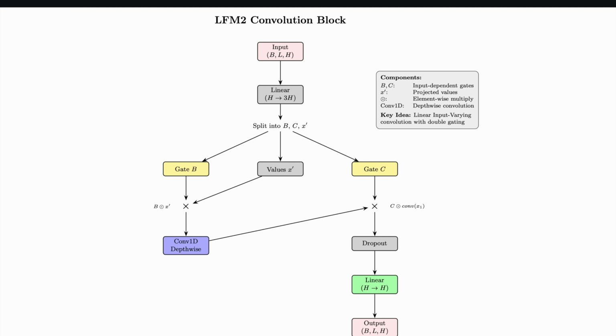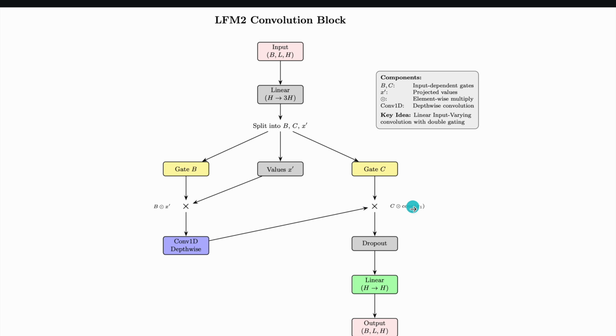But here, because gate B and gate C are learned functions of the input, the network can adapt its internal time constants and behavior based on what it sees. In other words, the network becomes more flexible and context sensitive, much like a liquid neural network, even though it's implemented in a discrete convolutional format.